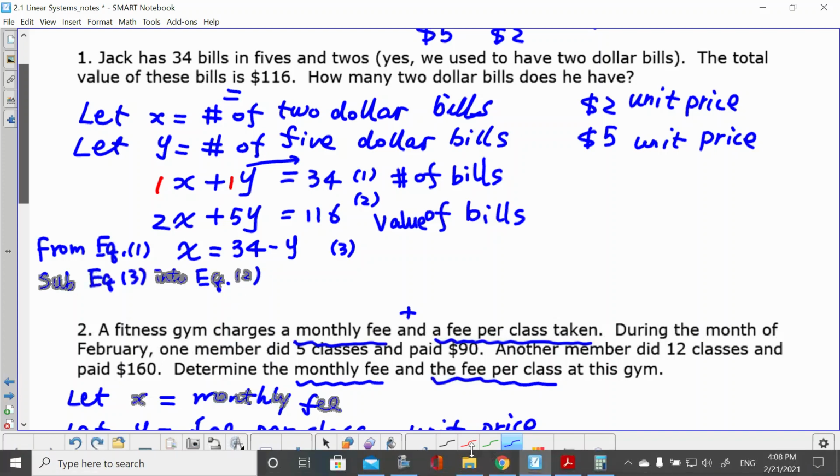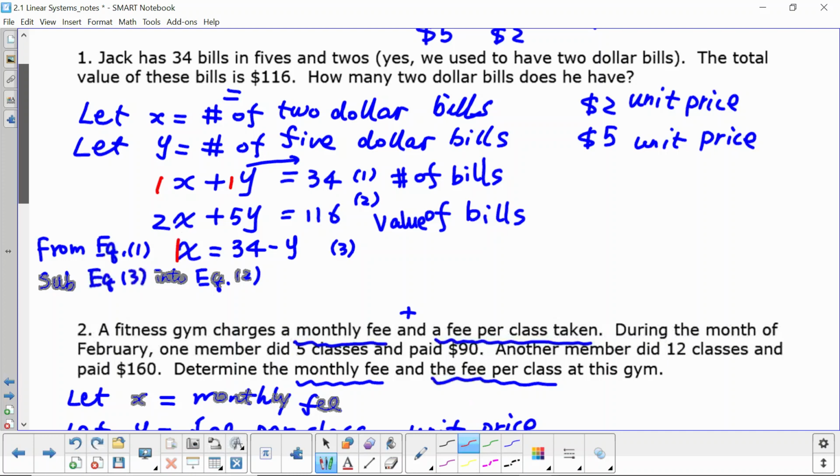Then we are going to have, okay, we box this x, then in equation 2 this x needs to be gone. So we substitute 34 minus y for x. So 2 bracket 34 minus y, sub into x, and plus 5y equals 116.